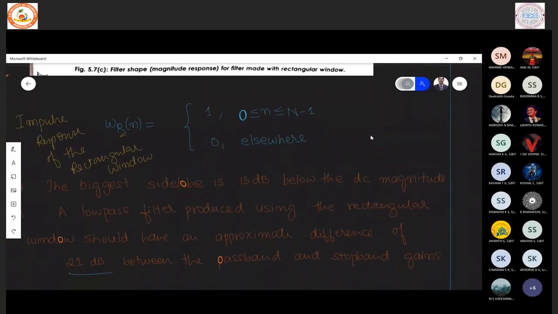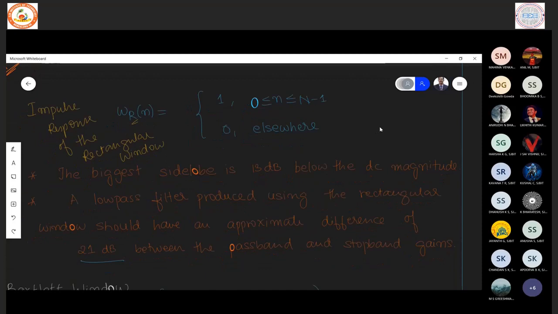Some values we have to remember. Sometimes a theory question is asked to describe different types of windows, and then you have to present all these facts. A low pass filter produced using the rectangular window should have an approximate difference of 21 dB between the pass band and stop band gains.